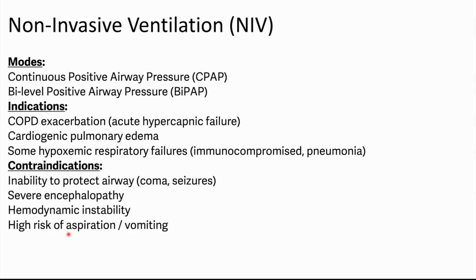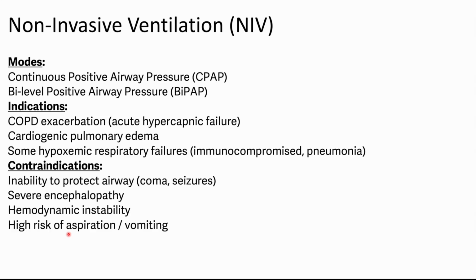It is contraindicated in inability to protect airway, like coma or seizures, severe encephalopathy, hemodynamic instability, and high risk of aspiration or vomiting. These are the things we should contraindicate.